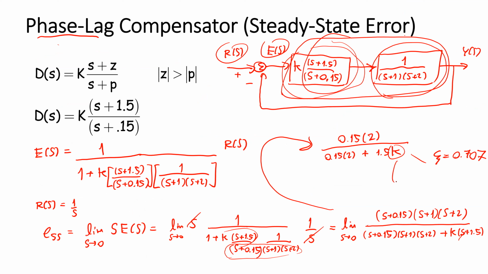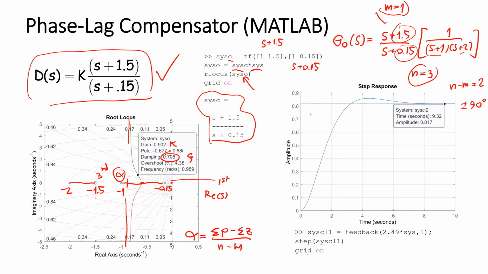This gain K, 0.9. And in order to see the response, yes, we have the gain K.